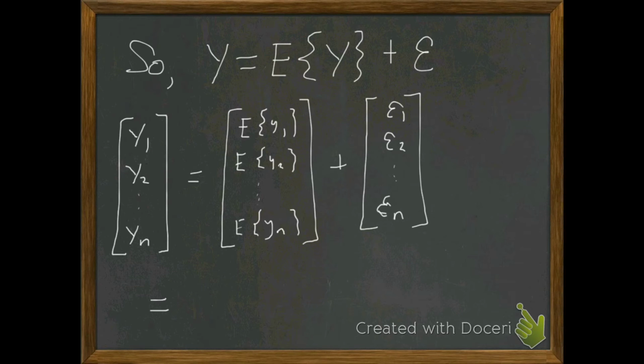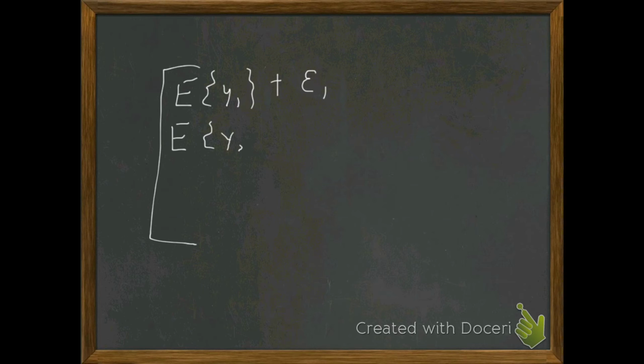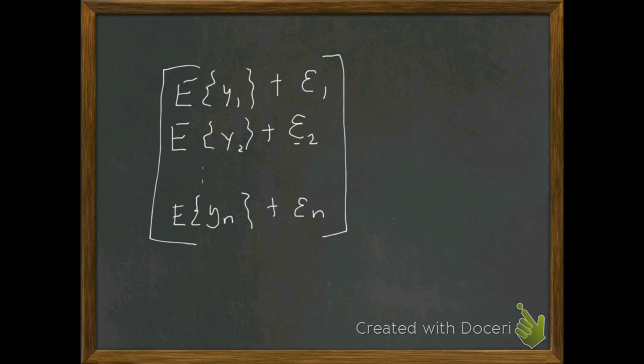From what we said, if we have the same size, so we have an n by 1 and an n by 1, we could clearly have this equal to that matrix.